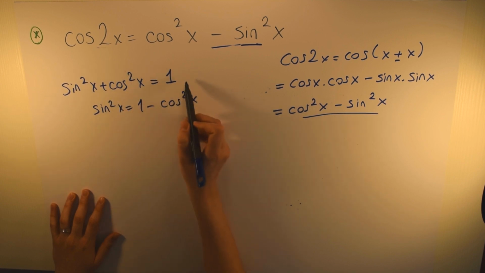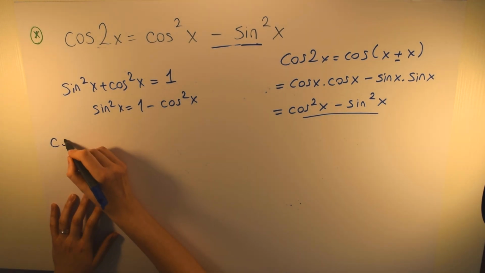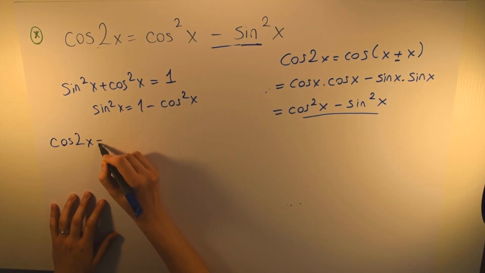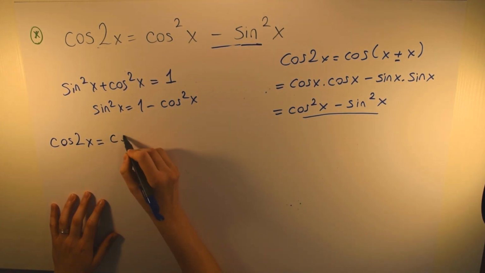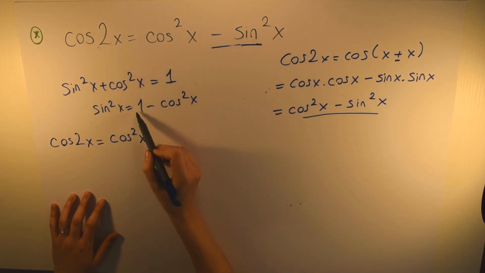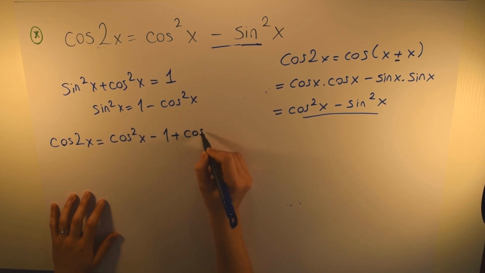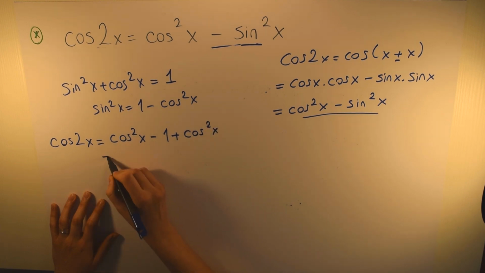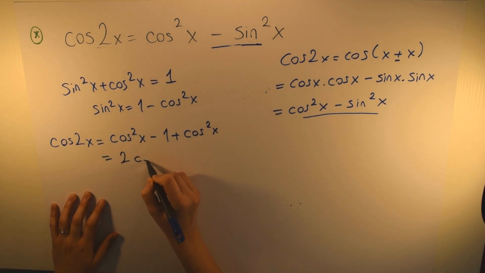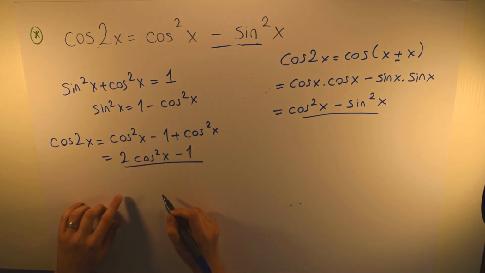When I put this one to the other side, I will get this. So let's rewrite this again. Cosine 2x will be equal to cosine square x minus sine square x. So I use this one, it's minus 1, minus minus, this will be positive, plus cosine square x, which is equal to 2 cosine square x minus 1.